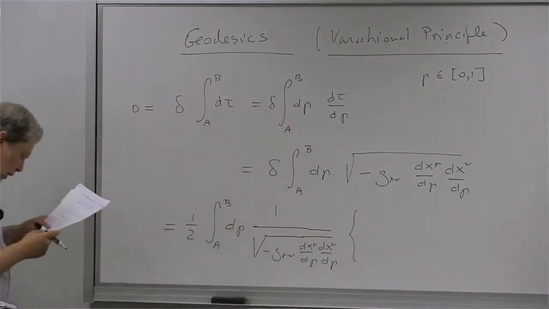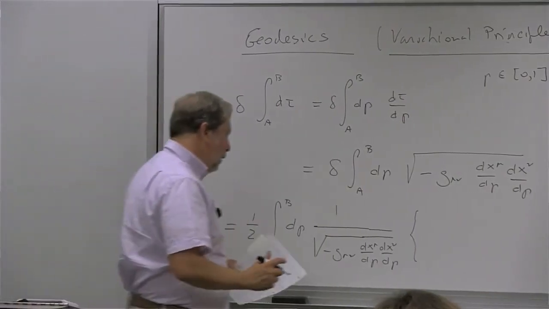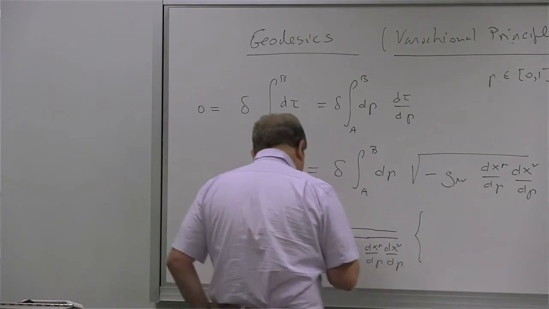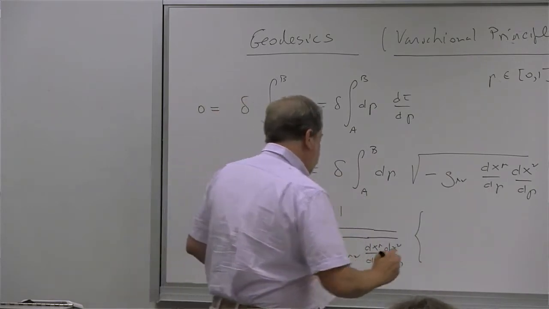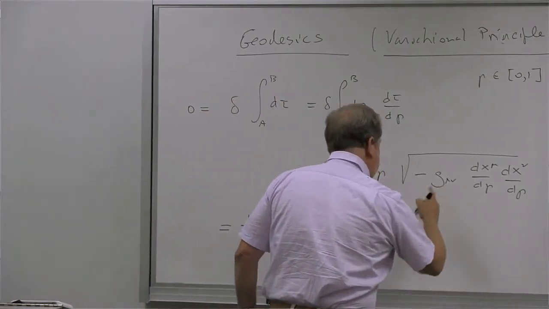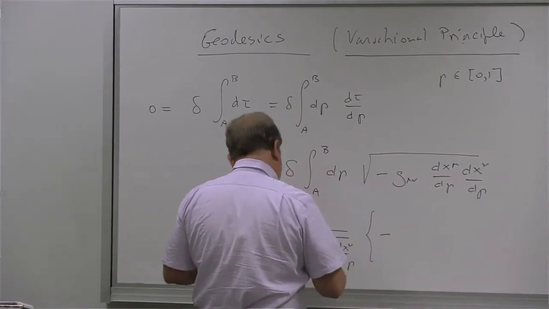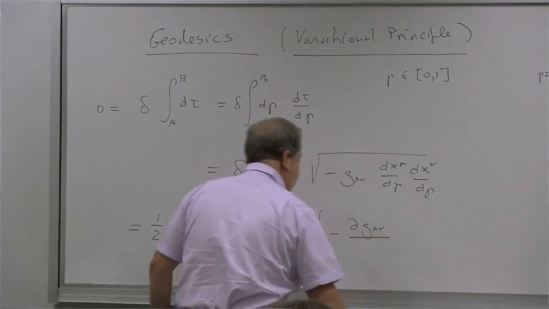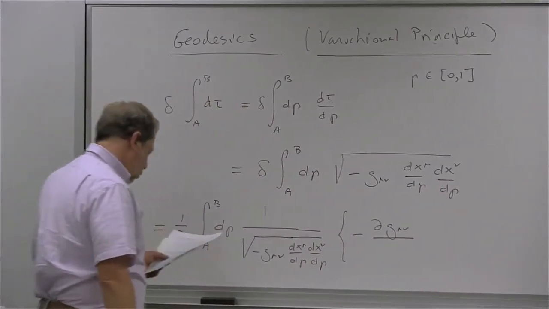So the variation of what is in the square root is minus, so the first thing we vary is the metric itself. So we're going to get minus the derivative of the metric with respect to a coordinate.